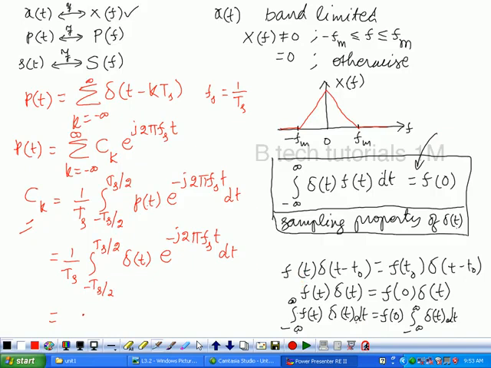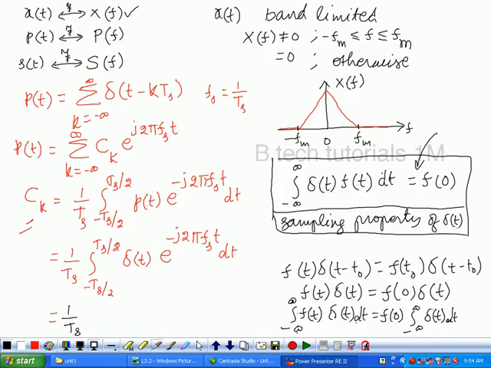Now, what is this value? It is from minus Ts by 2 to plus Ts by 2, delta of t e power minus j2 pi fs t dt. This integral evaluates to 1 into e power 0. Therefore, this is equivalent to 1 by Ts. Why have I written this as 1 by Ts here?